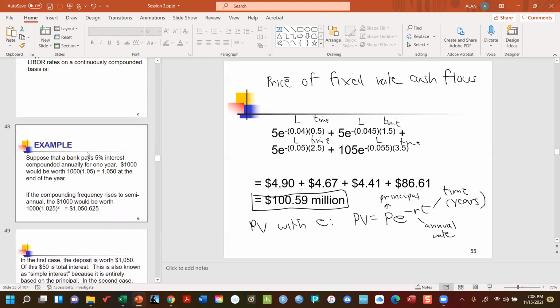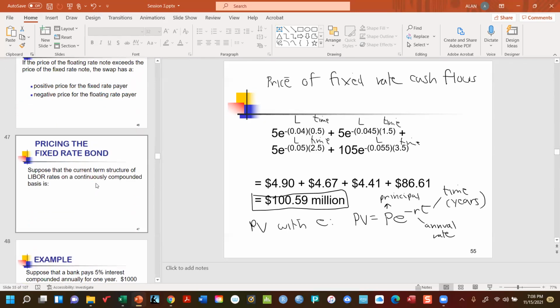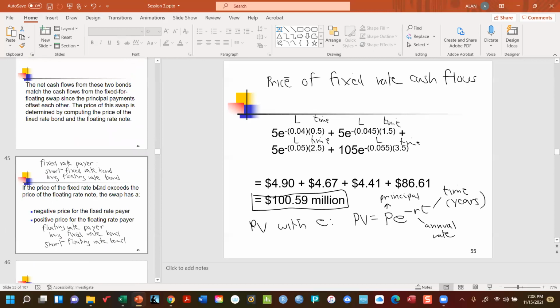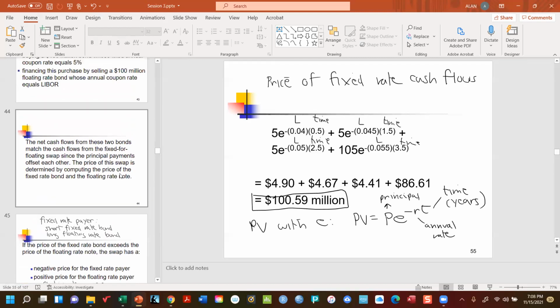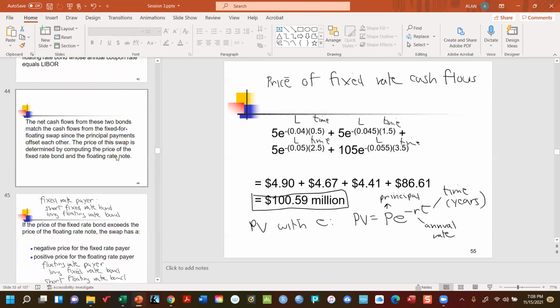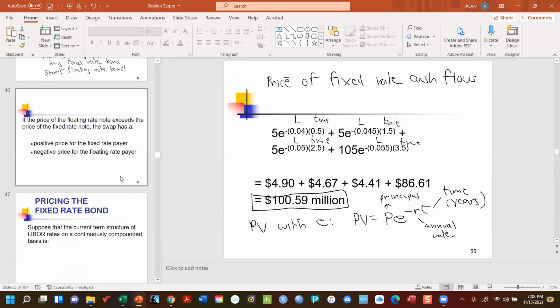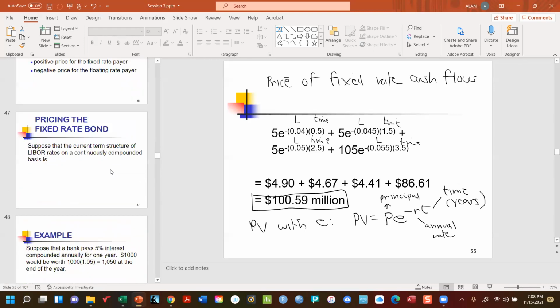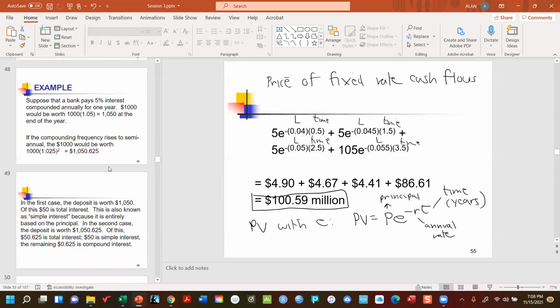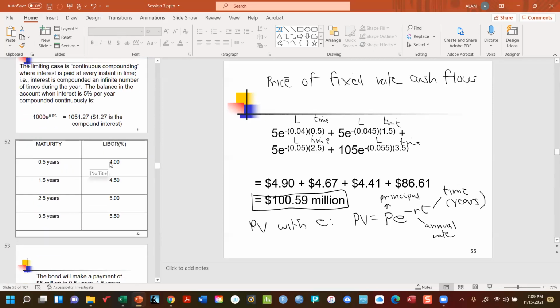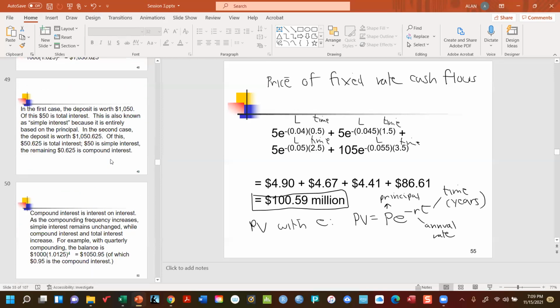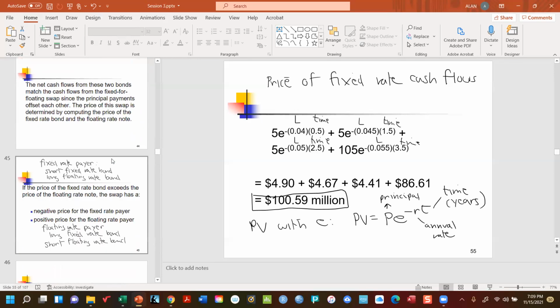Let me just go back and look. Actually, we can't tell yet. I just realized we have to look at the floating rate side before we determine whose cash flows are greater than the other. So instead of trying to figure that out, let's go ahead and price the floating rate side. And then we'll compare the two, and then we'll be able to tell which side is ahead and which one is behind.